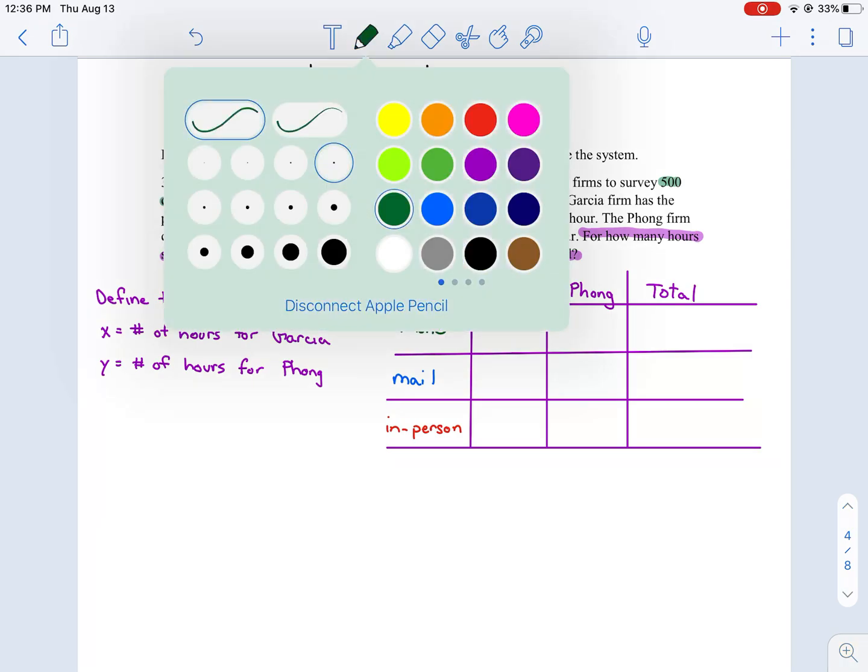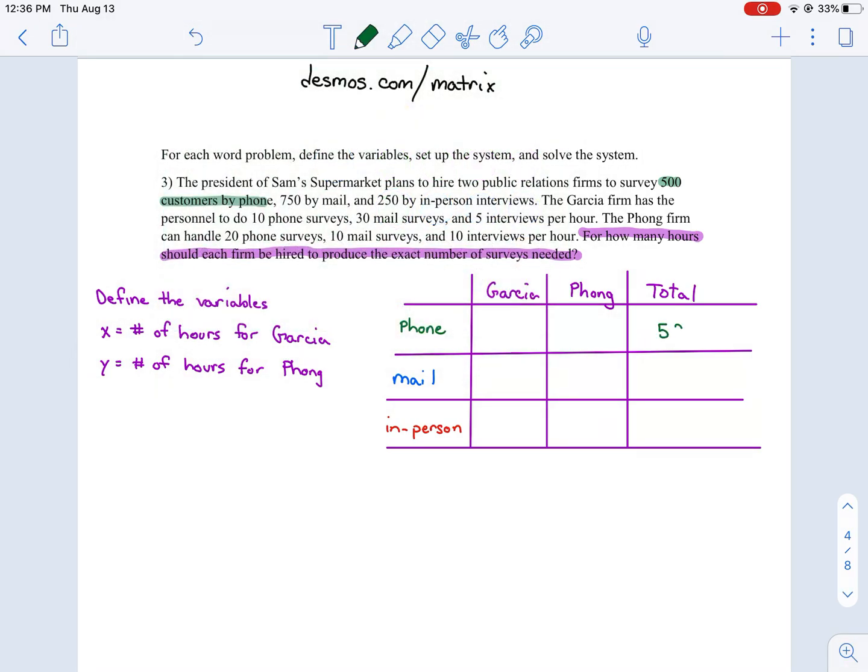So over in my chart, I'm going to write 500 in the total for phone. And we know that the Garcia firm has the personnel to do 10 phone surveys per hour. So I'm going to write 10 under Garcia. And Fong can handle 20 phone surveys.